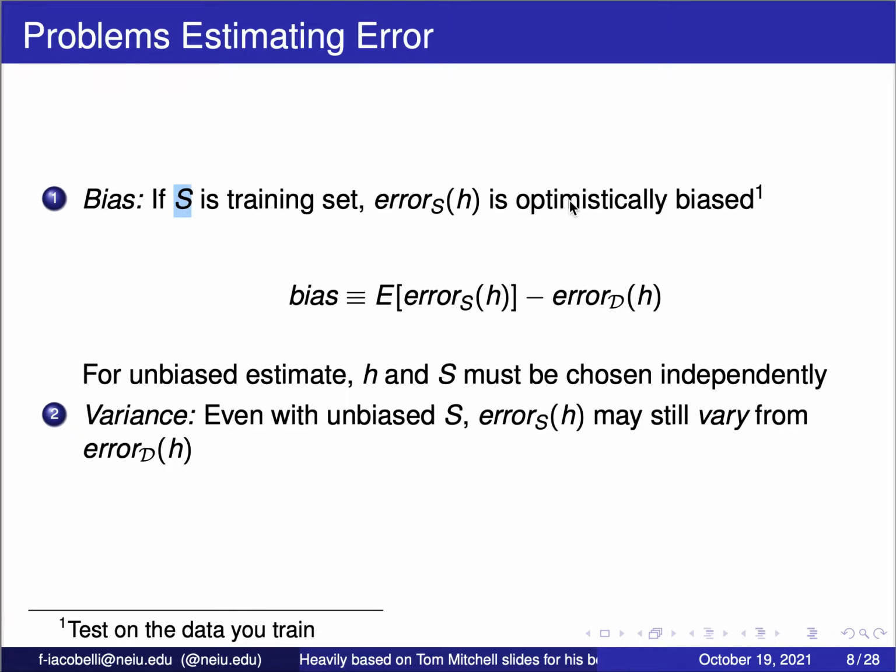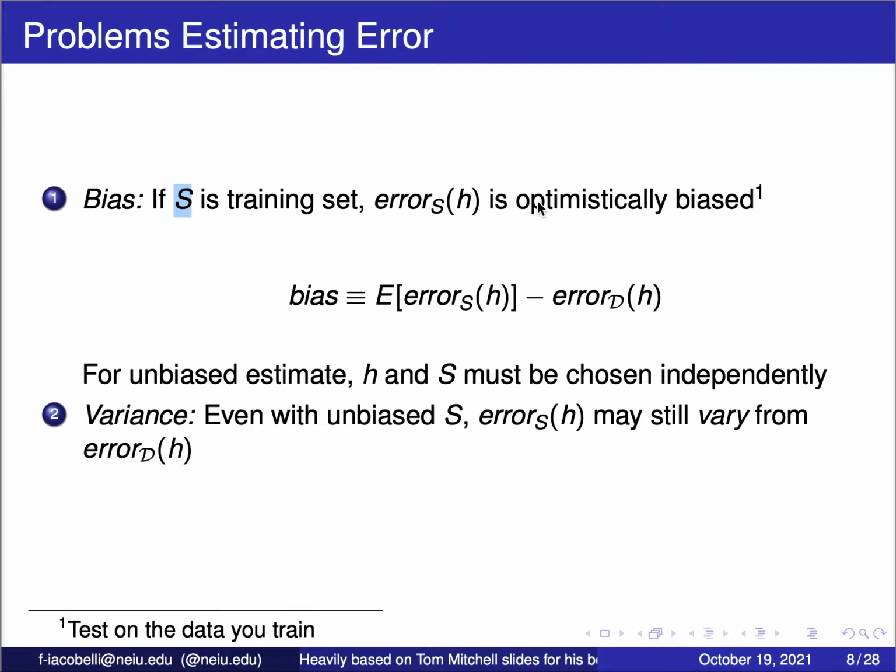And that is an optimistic estimation of the error because I used the data to train, so my learner is going to work really, really its best on that data. So if I test the error on the same data that I used to train, then I'm biasing my error computation, right?